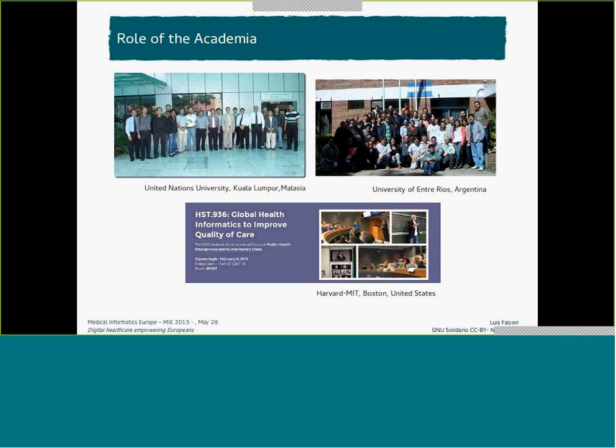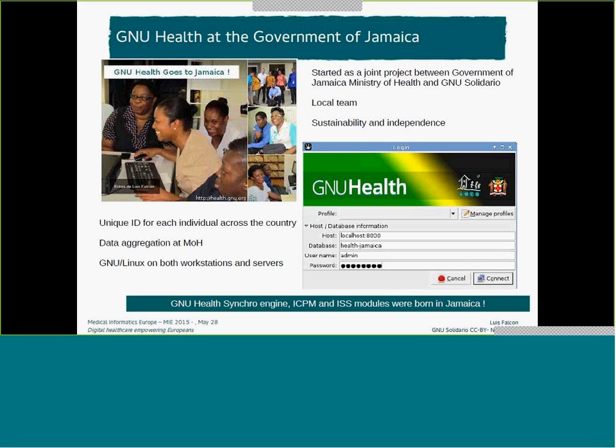This is a very important part because at the end, you will have local people working in those health institutions, and that is empowerment for the institution that is going to be working there.